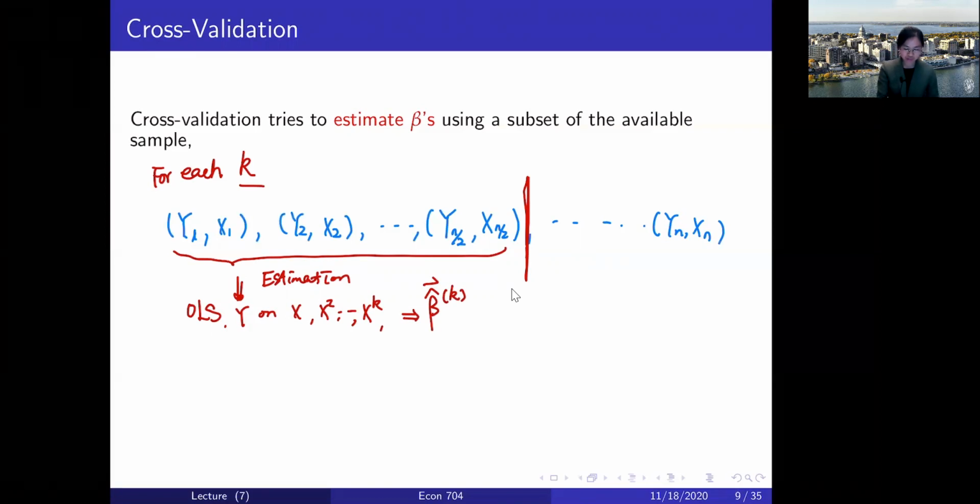And once you get your beta hat k, you're going to use this sample. That's your holdout sample, or evaluation sample.